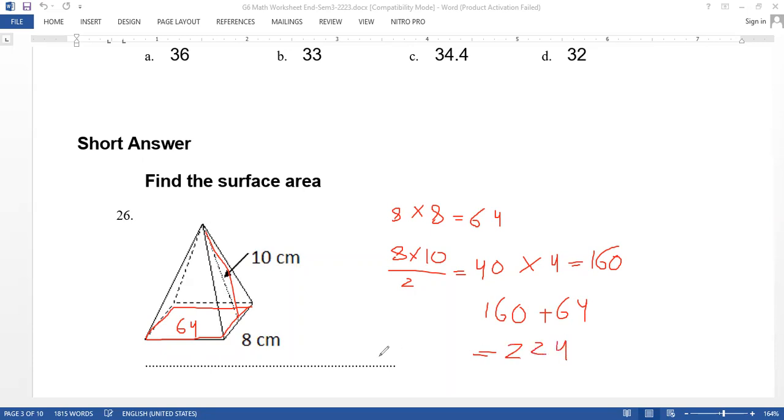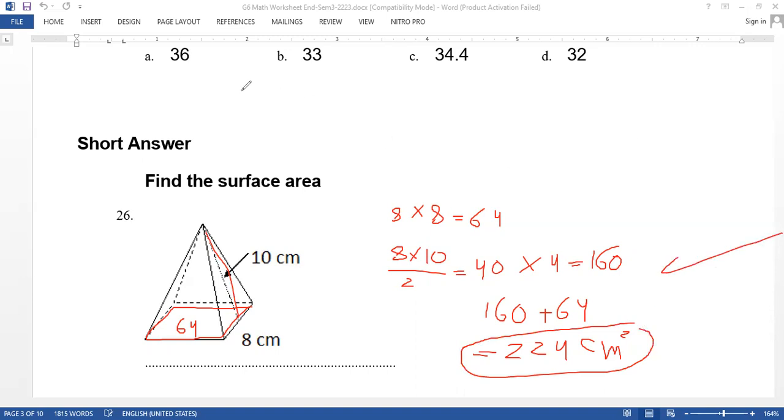Don't forget to write the unit, centimeter squared, because it is an area. So you have to show your steps.